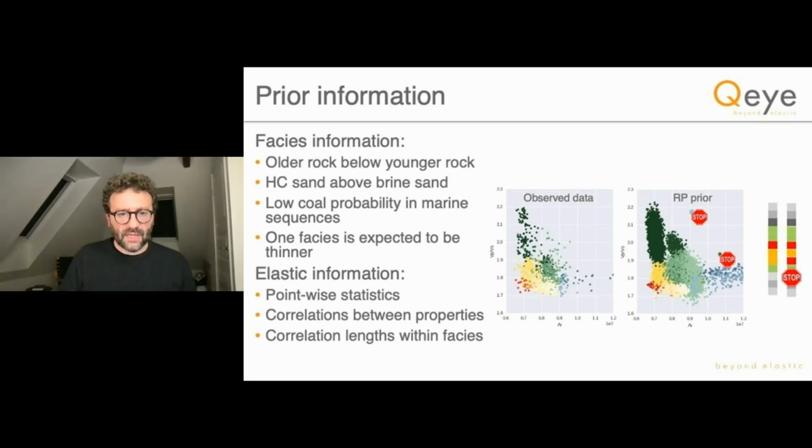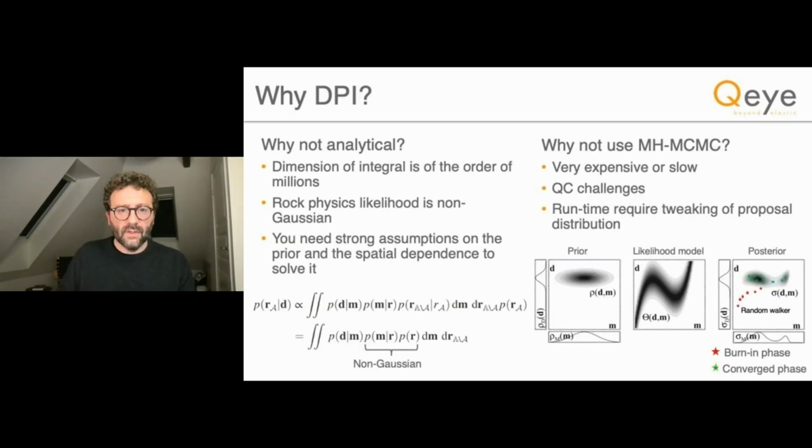So we have established that there exists prior information, and we know the Bayesian equations. So now we should basically just go to work and solve the problem. Analytically, it's kind of out of the question if we want to keep a minimum of spatial information and want a high degree of flexibility on what models to use.